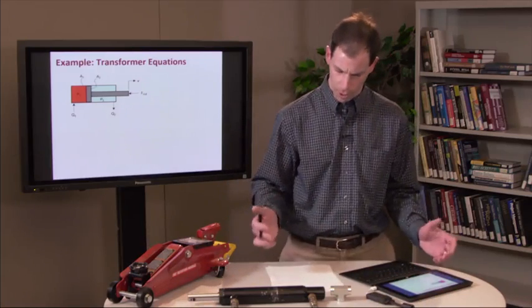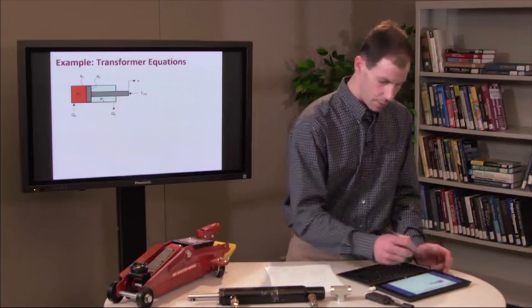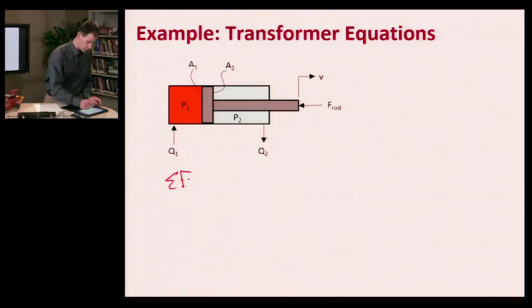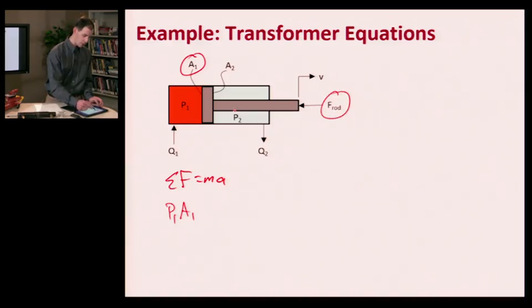So first of all, from a pressure standpoint, I can say that the summation of forces is equal to mass times acceleration. On one side I've got a hydraulic pressure acting, which would just be P1 multiplied by A1, this area here, which we refer to as the cap side area. Then acting in the opposite direction, I've got the force acting on the rod, and I also have P2, which is acting on this smaller area right here, the entire outer bore minus the area that the rod is occupying.